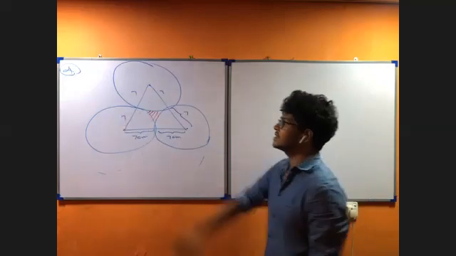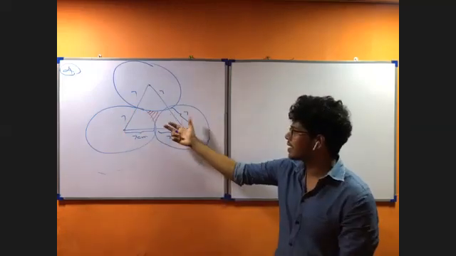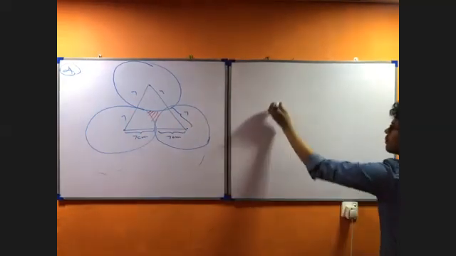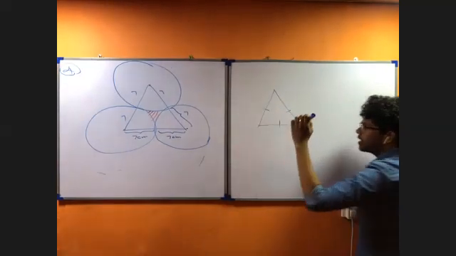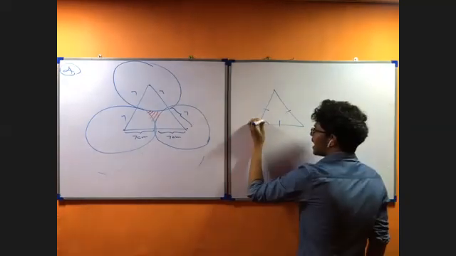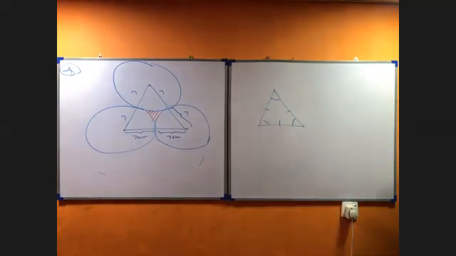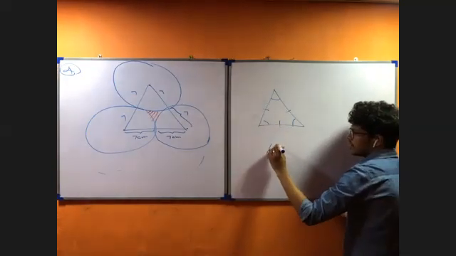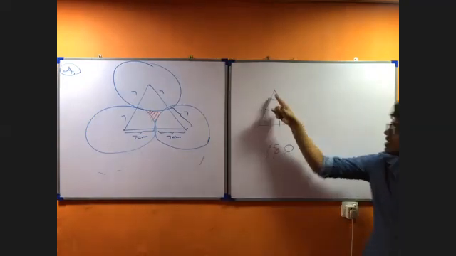So you can see this is an equilateral triangle, right? You know the properties of a triangle. If the triangle is equilateral, all the sides are equal in length, and all the angles are also equal. The interior angles of a triangle add up to 180.